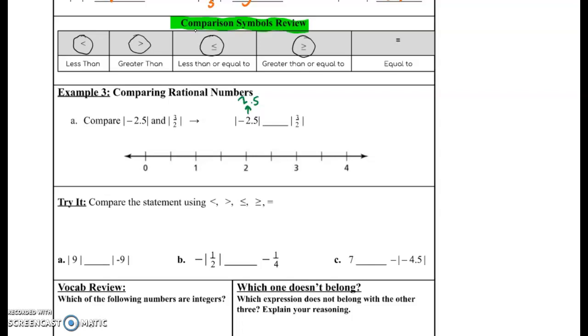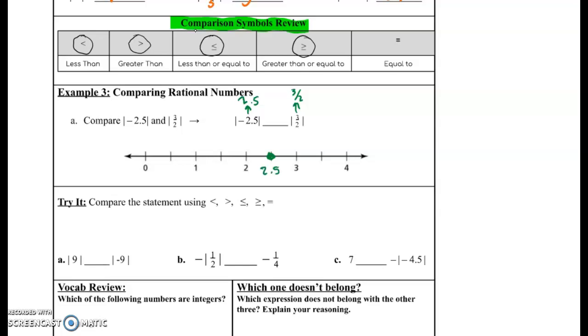And the absolute value of 3 halves is just 3 halves because it's already positive. So when we plot this on a number line, 2.5, these are going by halves, by the way. And so 2.5 means we're going to go to the 2, and then we're going to go one more half. So here is 2.5.